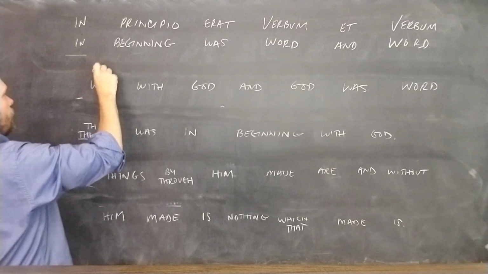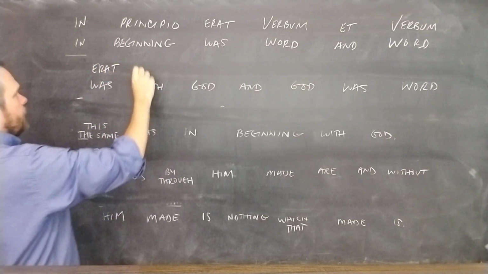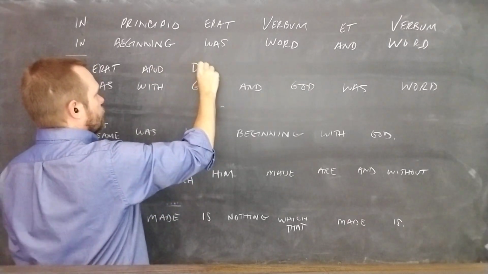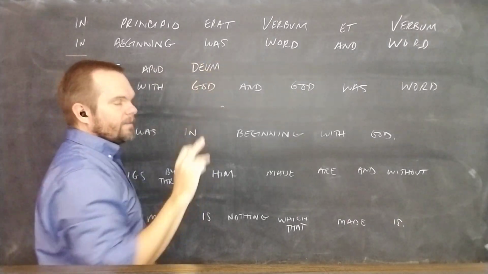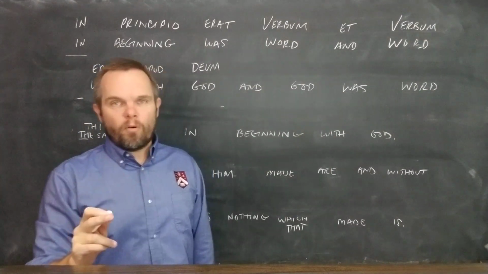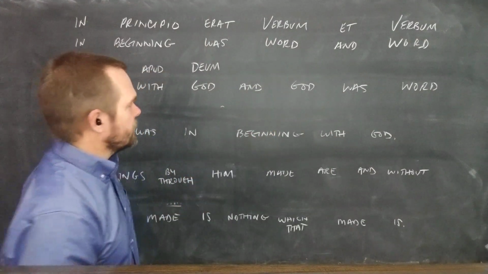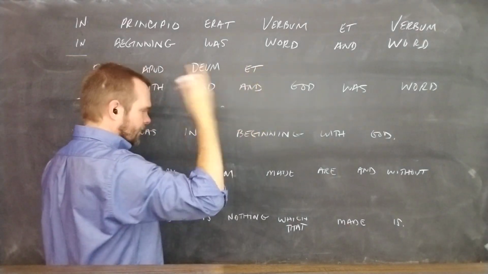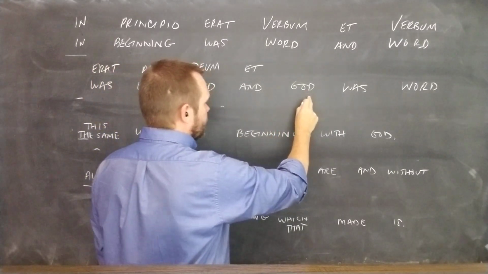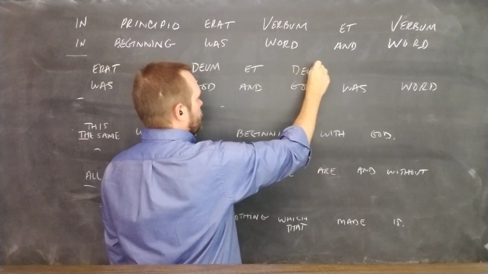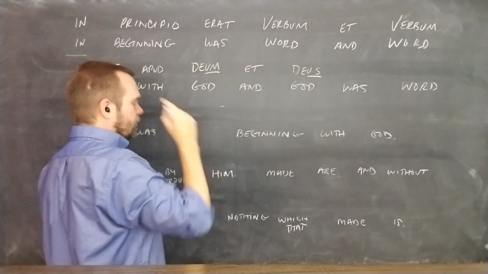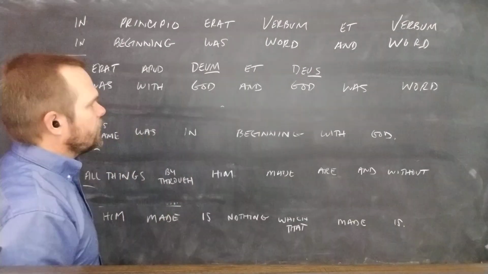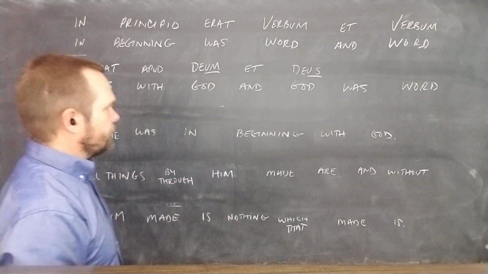Was erat, with was apud, God here was deum. Remember, it wasn't deus, that was a different form that was used somewhere else. Et, again, was and. And was et. I got that backwards. God here was deus. Two different forms. You need to remember that. When you work from English back into Latin, you need to make sure you remember the different forms.